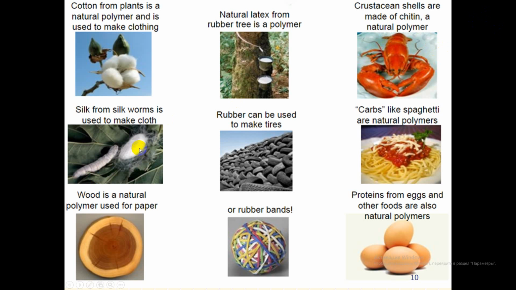Silk from silkworms is used to make clothes. Rubber can be used to make tires. Carbs like spaghetti are natural polymers. Wood is a natural polymer used for paper or rubber blends. Proteins from eggs and other foods are also natural polymers.